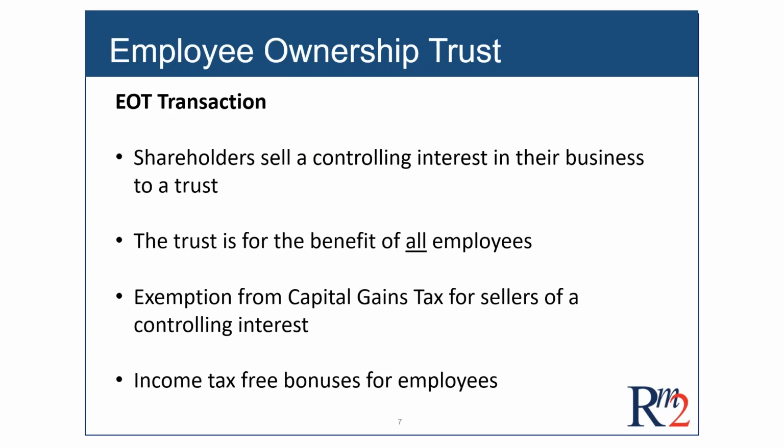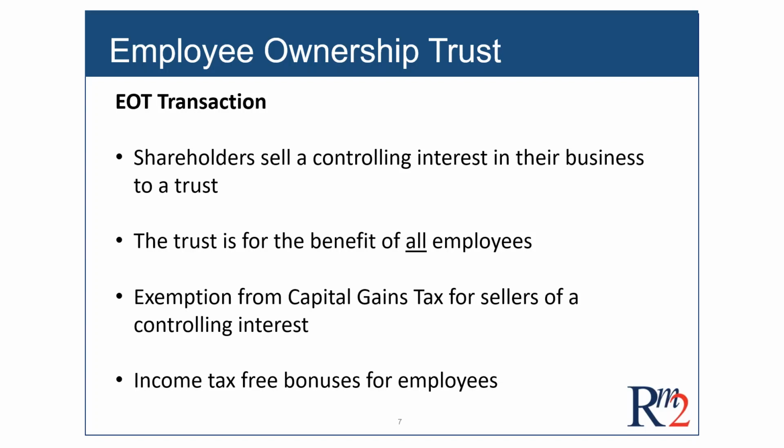So just getting into a bit more of the detail about what an employee ownership trust and EOT transaction is. These are all requirements which are controlled by the legislation. The first one is that the shareholders sell a controlling interest in their business to a trust.